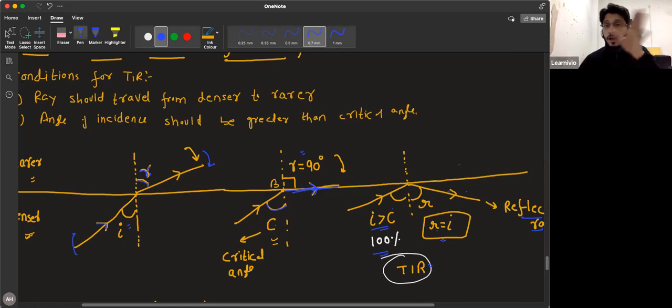But when you have TIR, it's almost 100%. That's why when you have any phenomenon which is due to TIR, that phenomenon is very, very bright. For example, the diamond shine is due to TIR, total internal reflection. So the phenomena which occur due to TIR are very, very bright because TIR happens almost 100%.